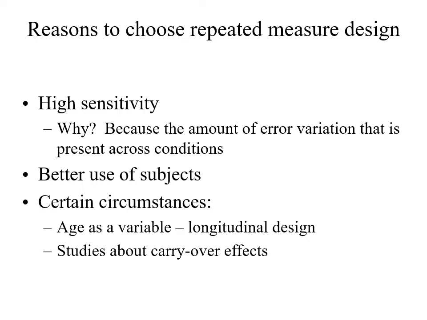If you are interested in the development of children, you track the same group of babies when they were 0 years old, then when they were 1 year old, when they were 2 years old, and so forth. So this would be a longitudinal design, and you're just looking at the age of the babies as a variable.